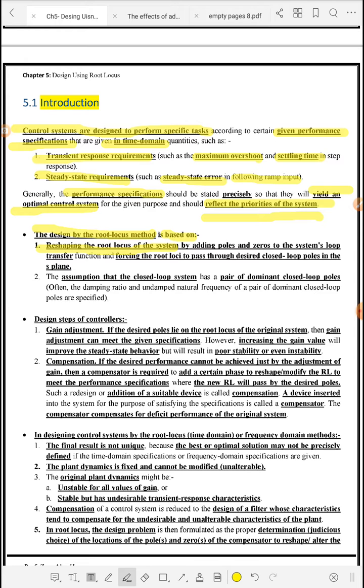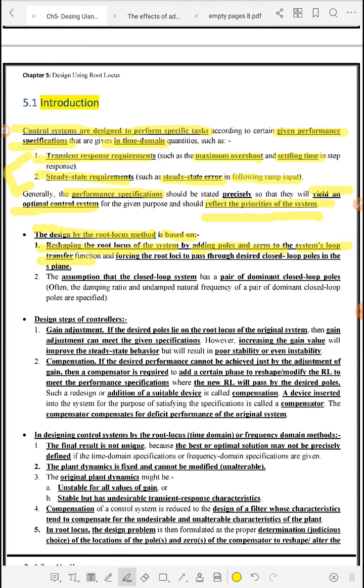We assume that we have an existing plant and the response of that plant is not satisfying our requirements that were given in step 1 and step 2 above. Then we should reshape the root locus of the existing plant by the addition of poles and zeros to the loop transfer function of the original system.